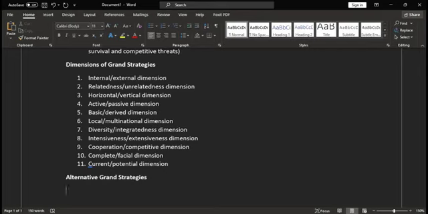A grand strategy can be defined as a comprehensive general approach that guides major action towards the realization of long-term objectives.